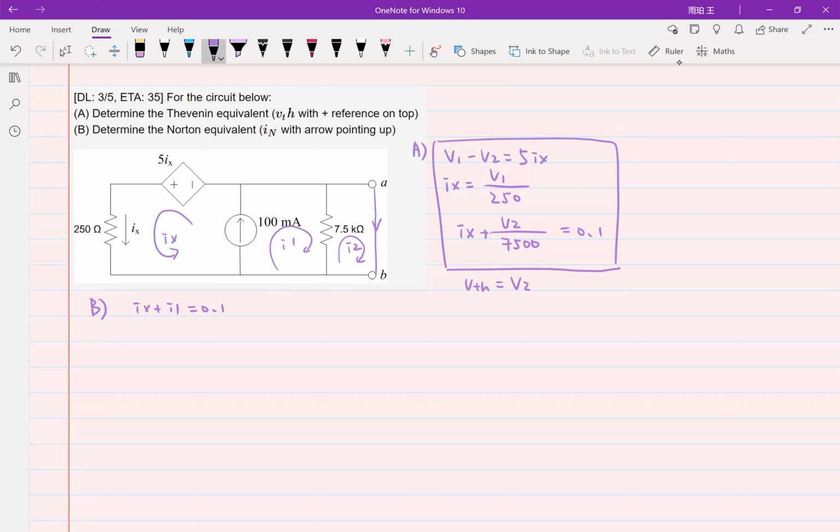The supermesh for I1 and Ix would be this big mesh. Let's just start from here in this direction. So we have 250 ohms times negative Ix.